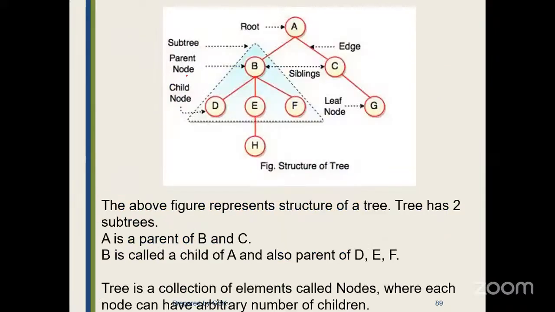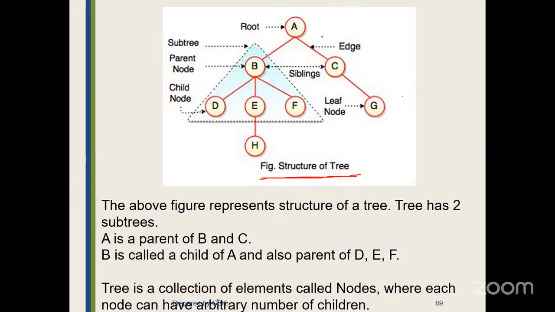You can understand all this terminology, whatever we discuss now, with the help of this example. See, this is the structure example of the tree. We have a structure like this. We start our tree with a node.